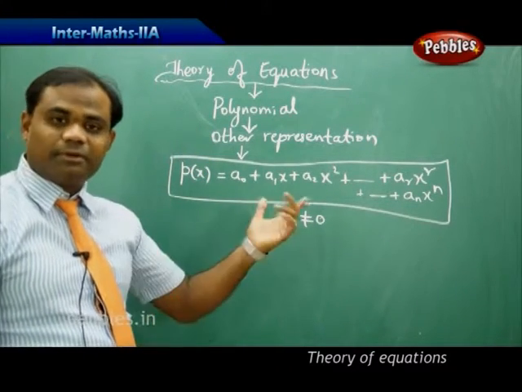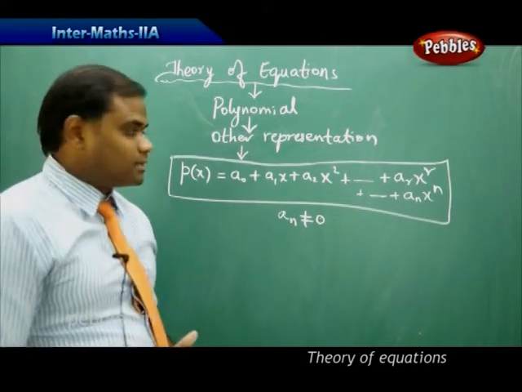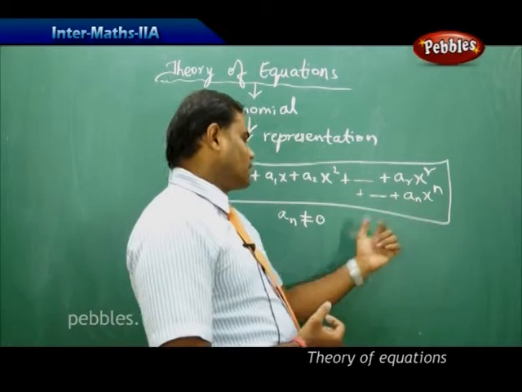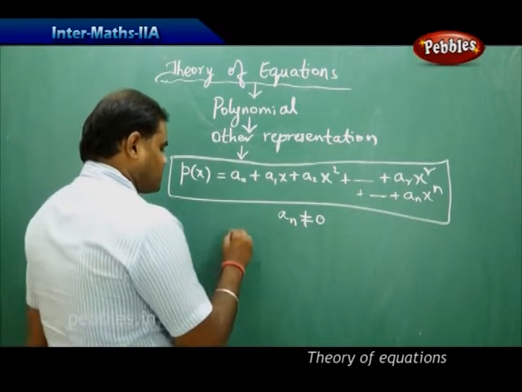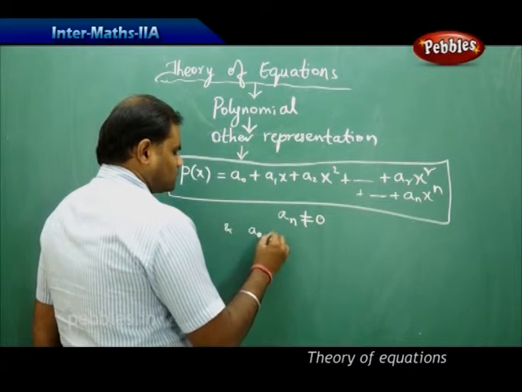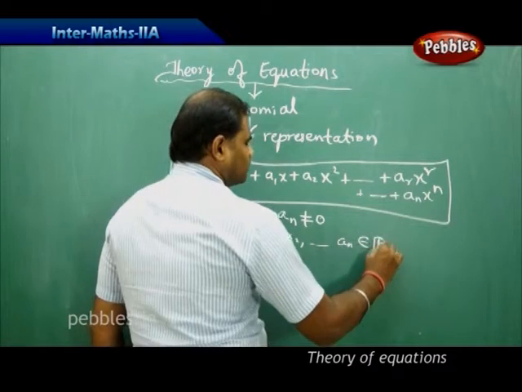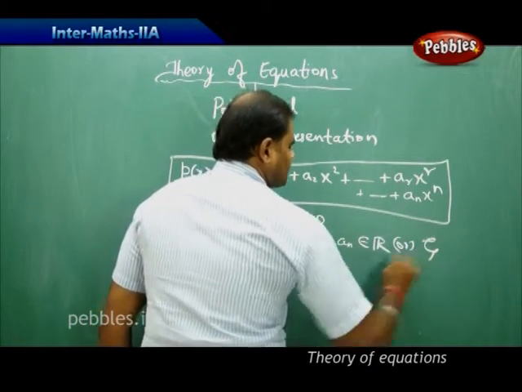Here the condition is that an should not be equal to 0, where in the previous case it was a naught not equal to 0, but ultimately we understand that the coefficient of x power n should not be equal to 0, and a naught, a1, a2 till an belong to real numbers or complex numbers.